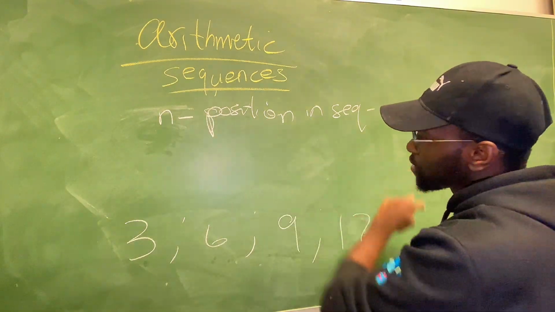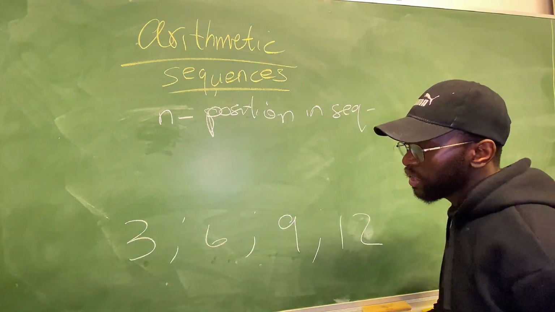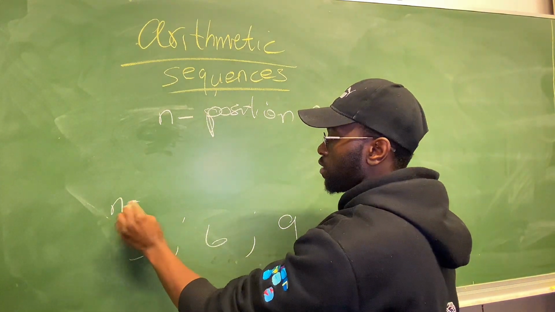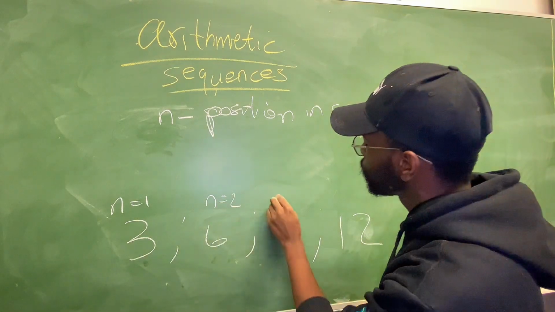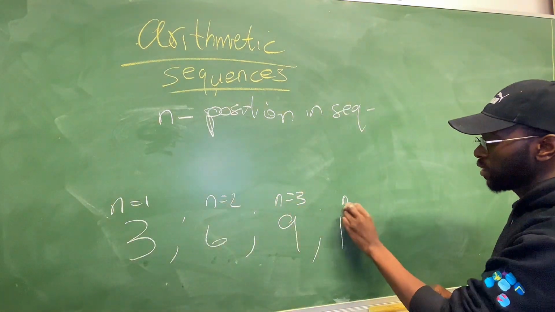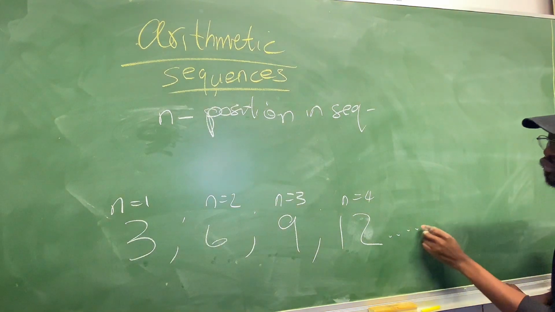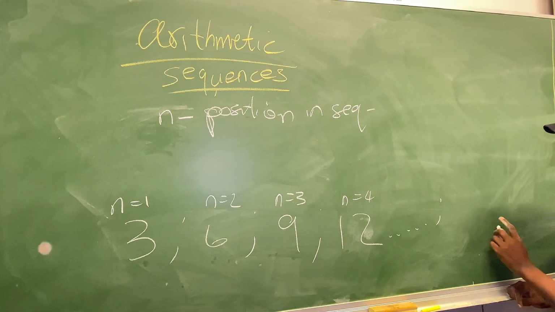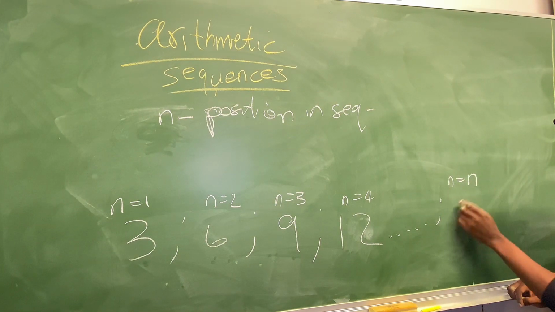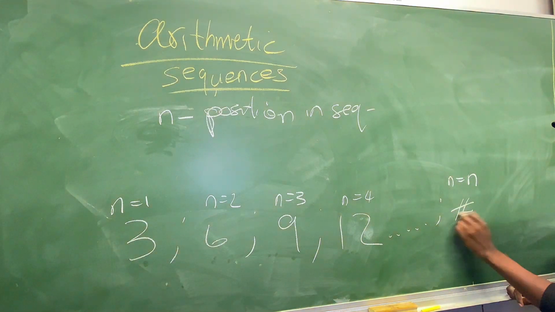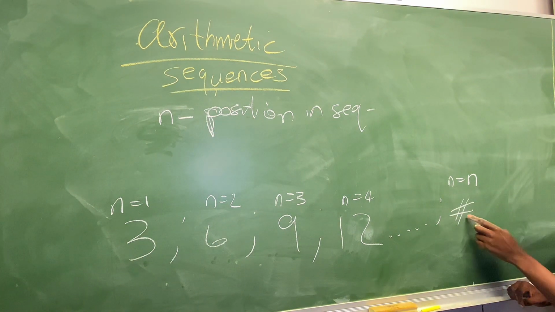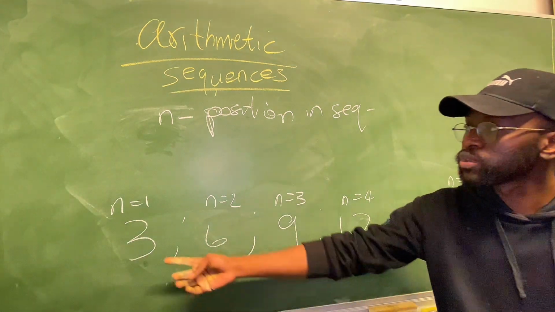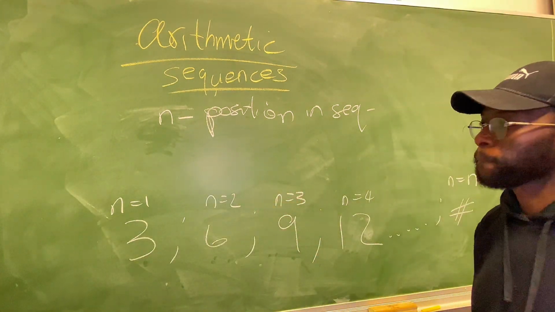So the position in the sequence we will denote by n. So this will be n equal to 1. This will be n equal to 2. n equal to 3, n equal to 4, and so forth until some value at the end of the sequence where we will just say n is equal to n, because we don't know the position of that value. So the position in our sequence, we will denote using n.